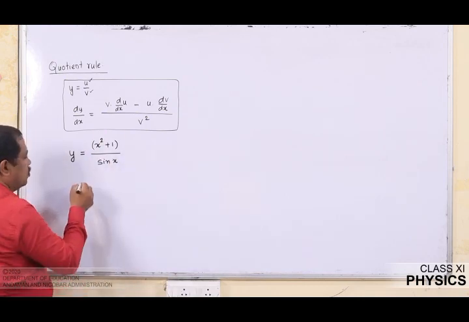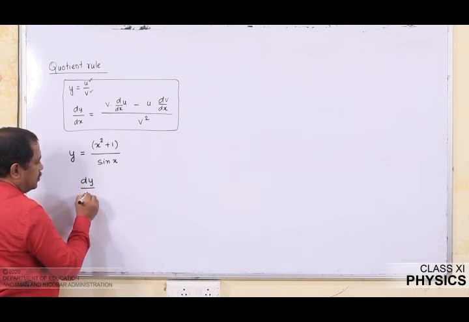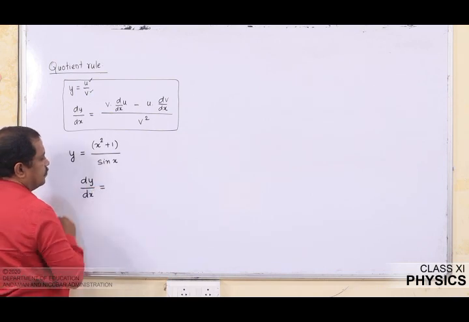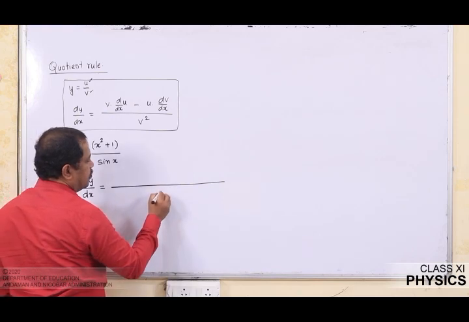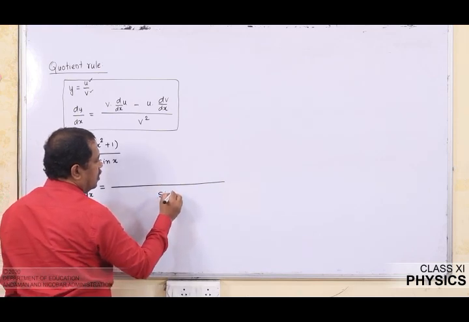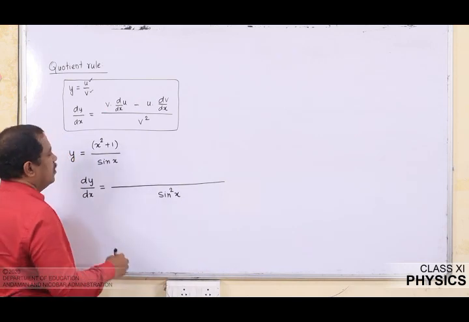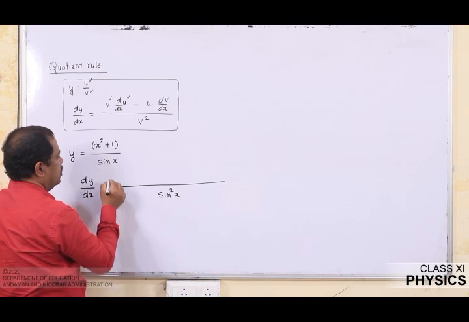When I use the quotient rule, look at dy over dx is equal to, I said I will square the denominator. So, simply I am going to write sin square x. Then, if I look at the formula, denominator into differentiation of numerator.